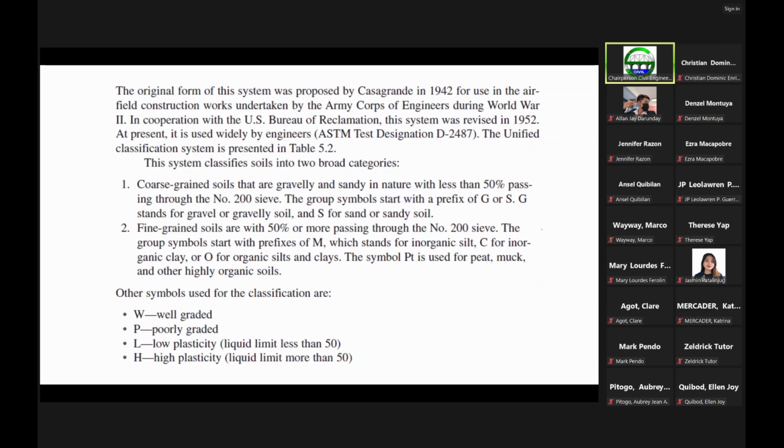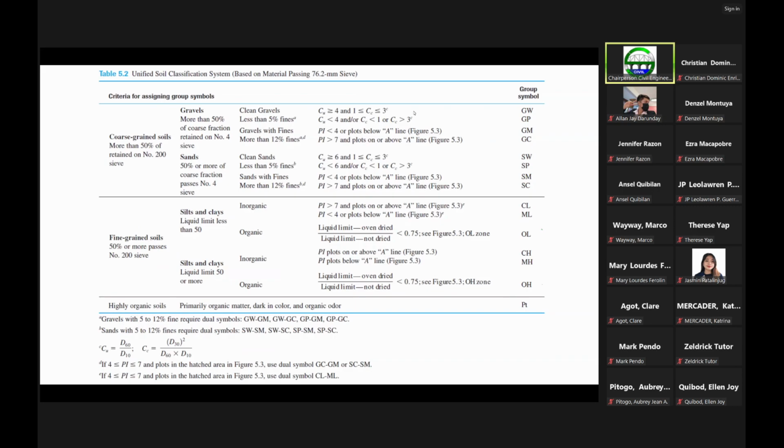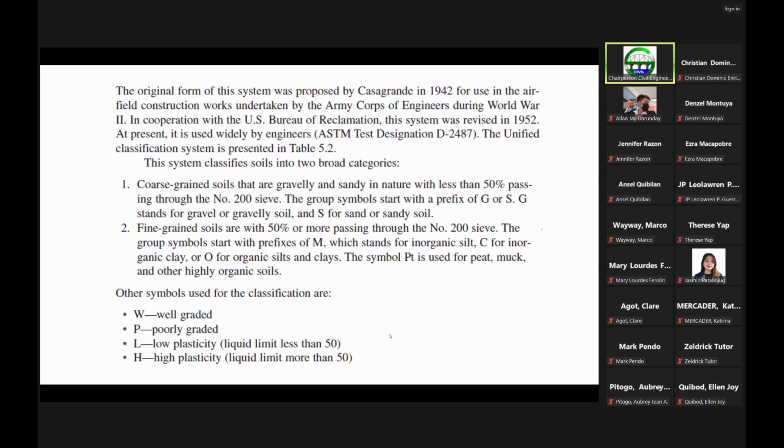The Unified Soil Classification System, or the USCS, is given in table 5.2 in your book. That's basically this one here. If you have your book, you can also see this table, if you are more convenient in looking at your book. So let's go back to that later.